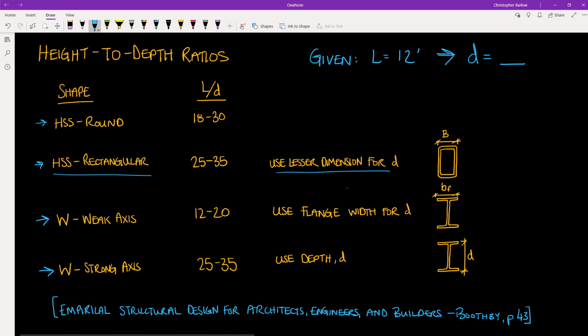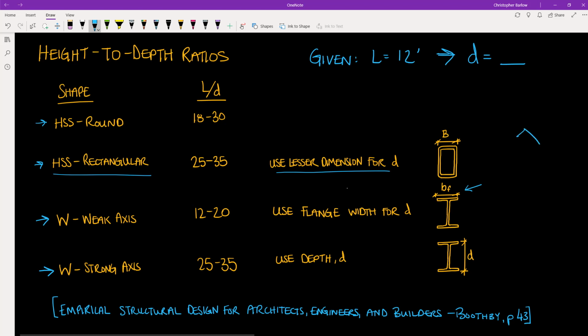Similarly, for wide flange sections controlled by weak axis buckling, we want to look at the width of the column. And whether a wide flange section column will be controlled by weak axis or strong axis buckling is dependent on the bracing for that column. And we saw that earlier in this course with one of our example problems.